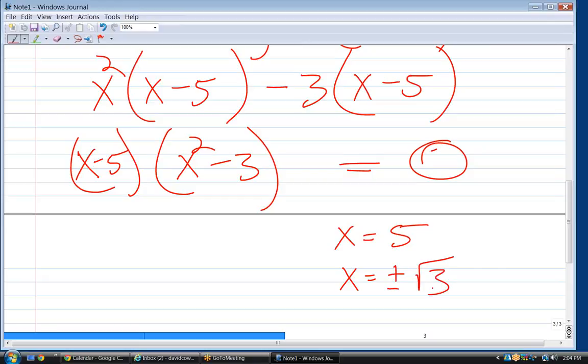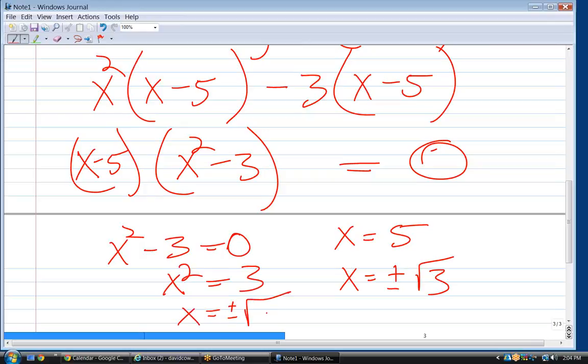Yes. In other words, we get the other one by setting this thing equal to 0. If I set x squared minus 3 equal to 0, that means x squared equals 3, which means x equals plus or minus the square root of 3.